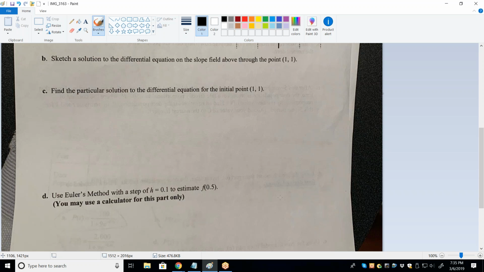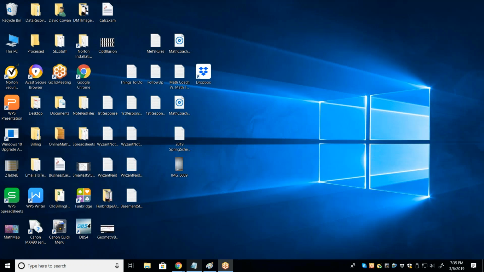There's some function that allows you to calculate Euler's method and gives you a table of values. Now, I'm sure that part D will not be on your AP test, but these kind of problems might be.